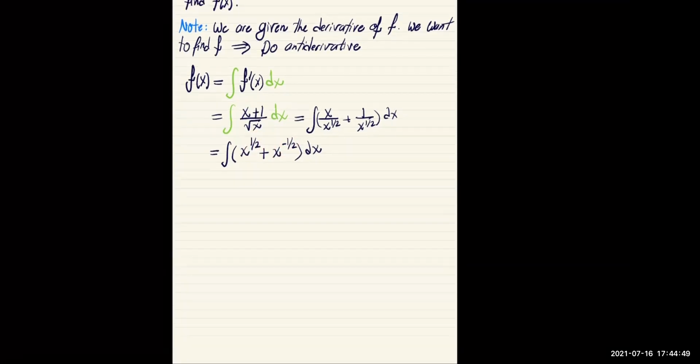So add 1 to each power. 1/2 plus 1 is 3/2. Remember, we multiply by the reciprocal, 2/3. And yes, we have a C1, but guess what? I'm not going to write it until the end. So do the antiderivative of x to the negative half. Add 1.